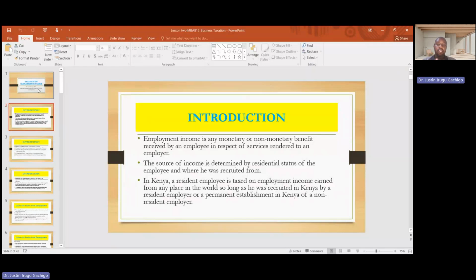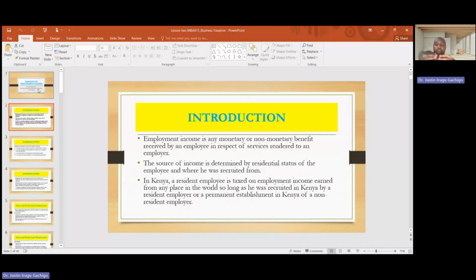Now, the source of income is determined by the residential status of the employee and where he was recruited. The concept of resident is a very broad topic, better covered in international taxation. But primarily, with this definition of residential status, you are either a resident or a non-resident.